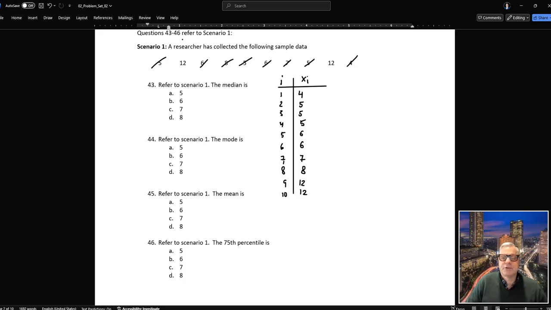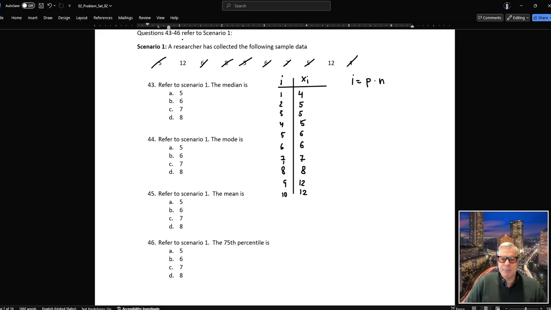So let's first calculate the median, and we use the simple textbook formula where the index number I equals P times N, so that would be 0.5 times 10. So for the median, it's the fifth.